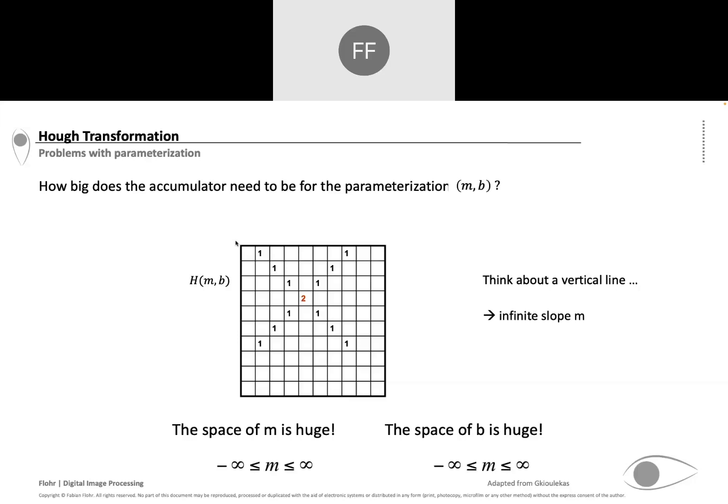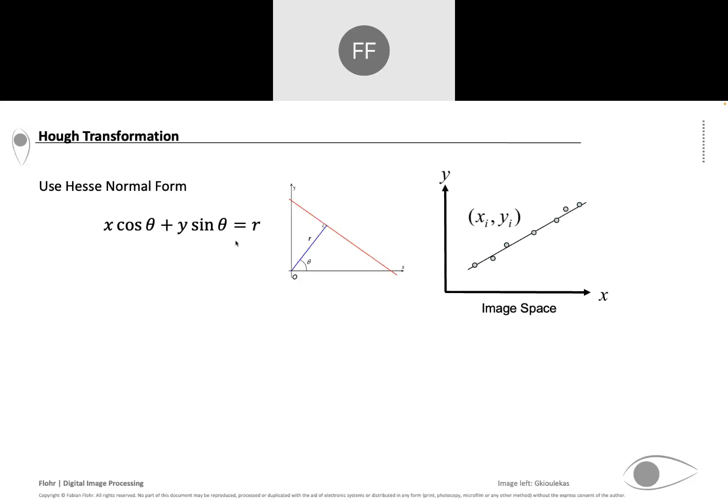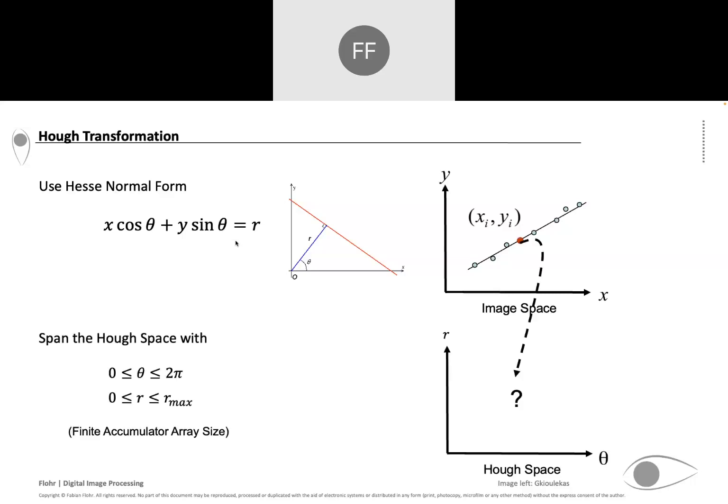It was probably in the gymnasium somewhere, but using the Hesse normal form will cope with that problem. You could basically represent all types of lines with that, and you have also two parameters, the angle theta and the radius r, which gives you a line representation.